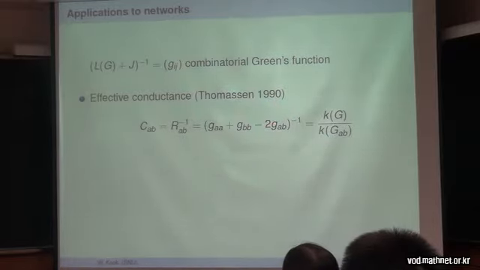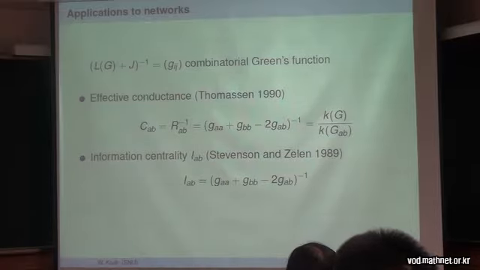That also has a very nice combinatorial interpretation as the quotient of two tree numbers. The numerator is the tree number of the original graph, and the denominator is the tree number of the contraction of the two vertices. So an interesting fact is that the conductance or the resistance, which we think of as a product of electrical flow, is really just a combinatorial object in some sense.